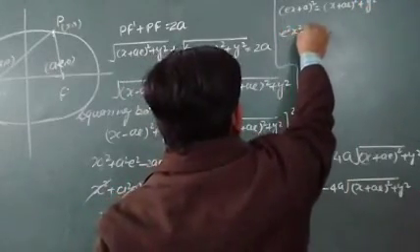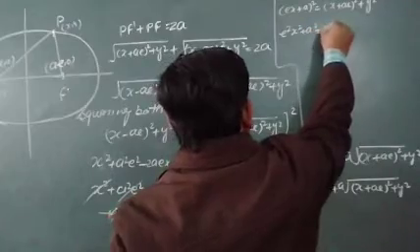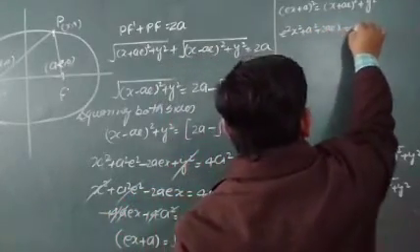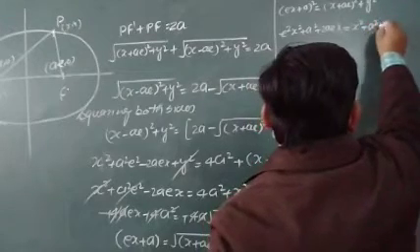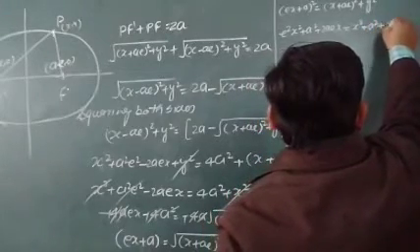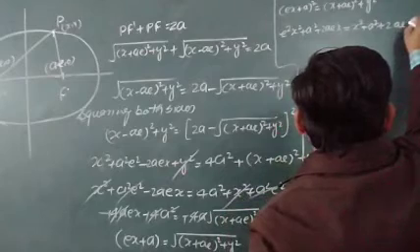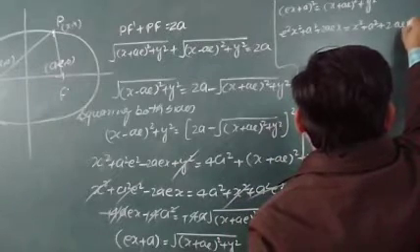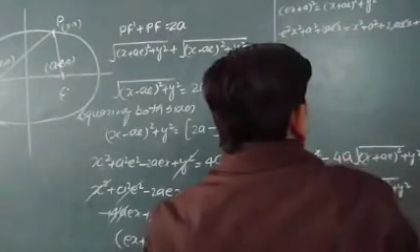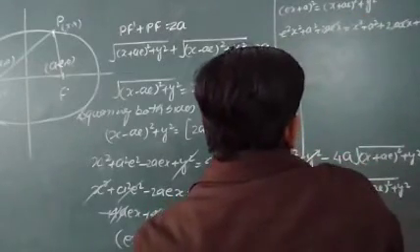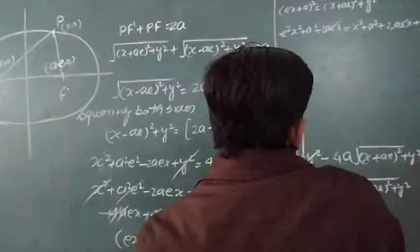A square x square plus a square plus 2aex is equal to x square plus a square plus 2aex plus y square. 2aex will be cancelled. And now a few things we want to do.